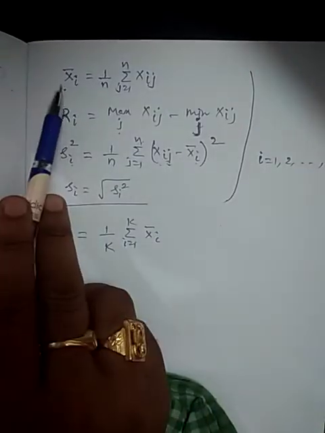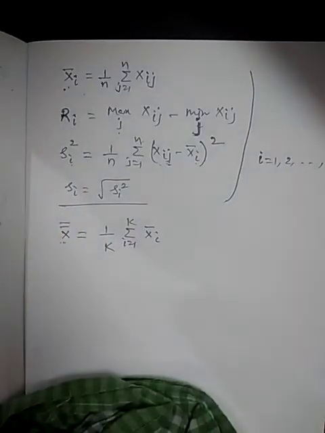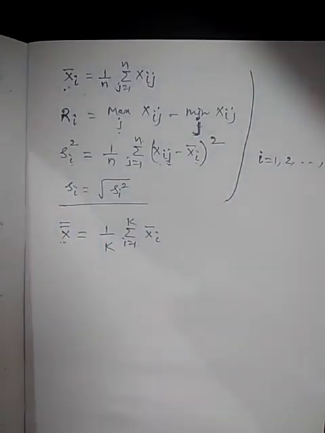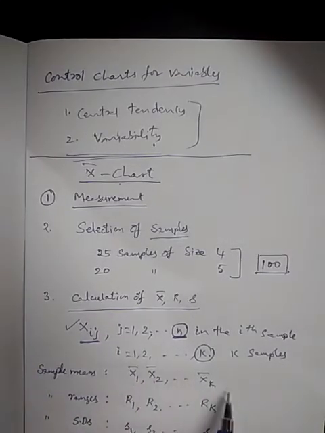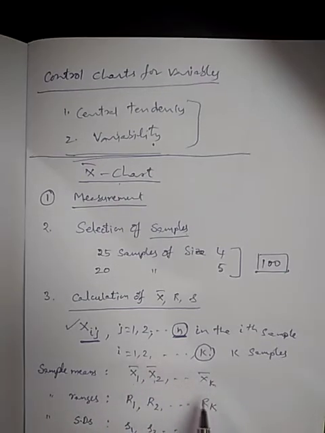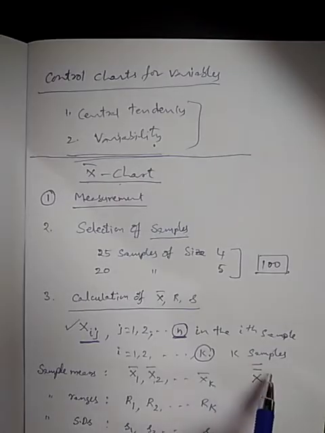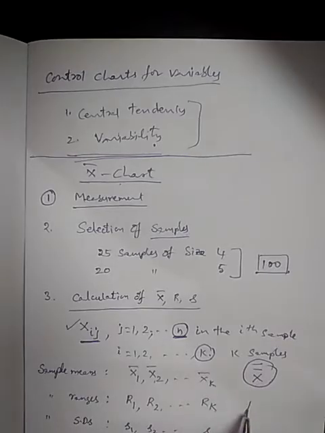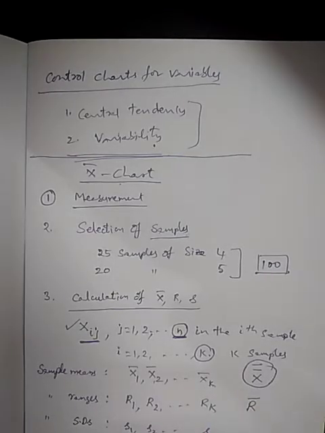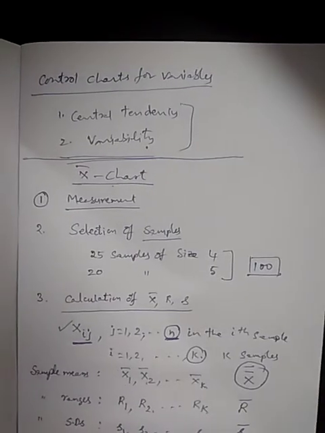We will have x bar 1, x bar 2 and so on up to x bar k, therefore i is equal to 1 to k. For all these means, we are calculating the overall mean, let it be x double bar. The mean of all these ranges R1, R2, up to Rk, we are calculating R bar. The mean of all the standard deviations, we are calculating S bar.